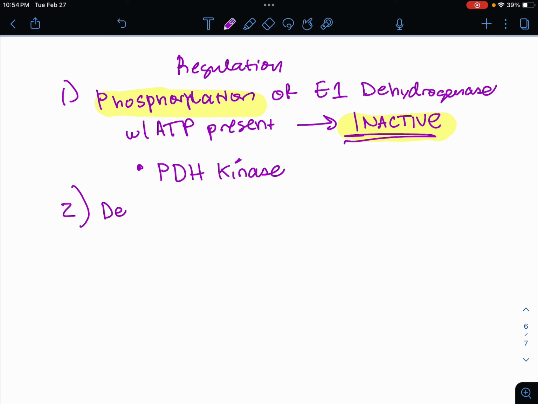When we dephosphorylate the enzyme 1, aka the dehydrogenase, and this is going to occur without ATP present, or when there's no ATP, this is going to make it active.